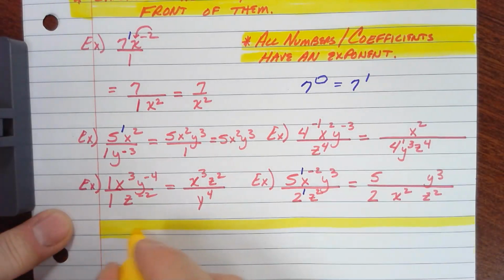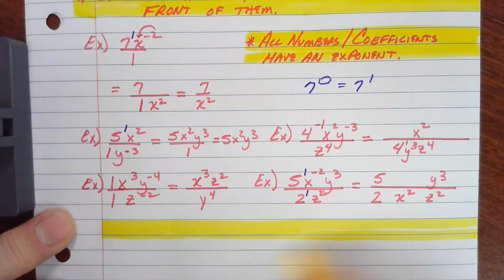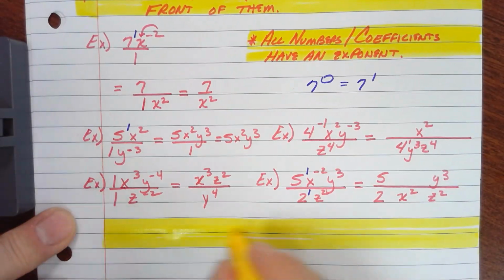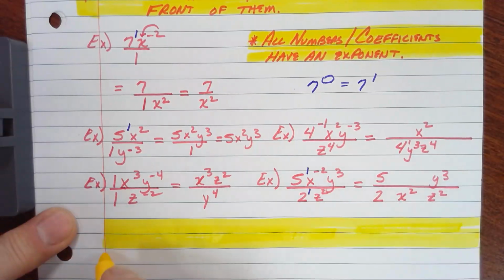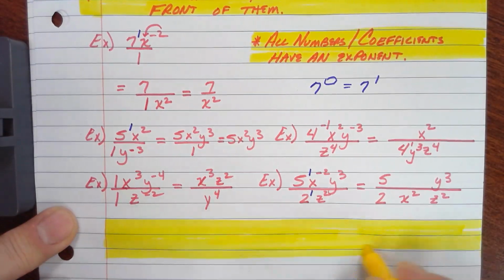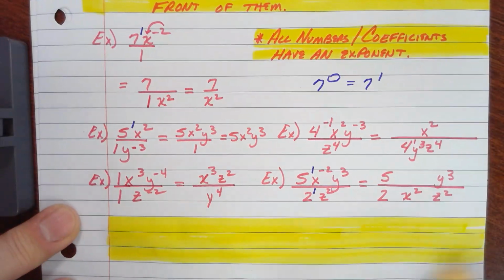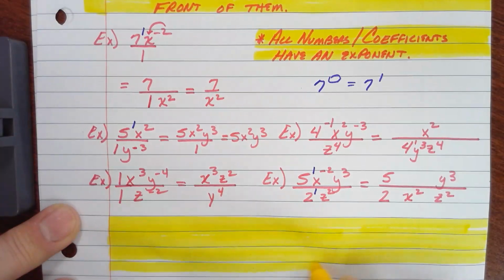Our next examples are kind of tricky. They're not hard, you just haven't seen them. You'll use these very little in Algebra 1, but you'll use them extensively in Algebra 2.